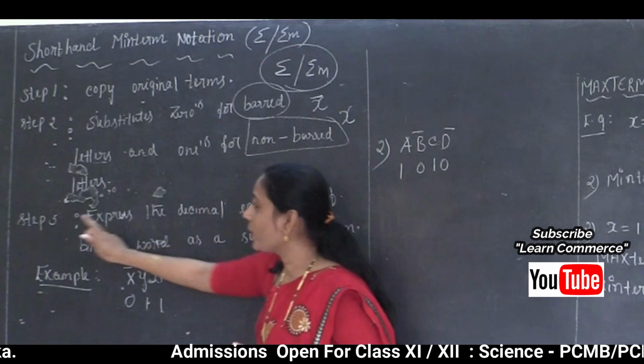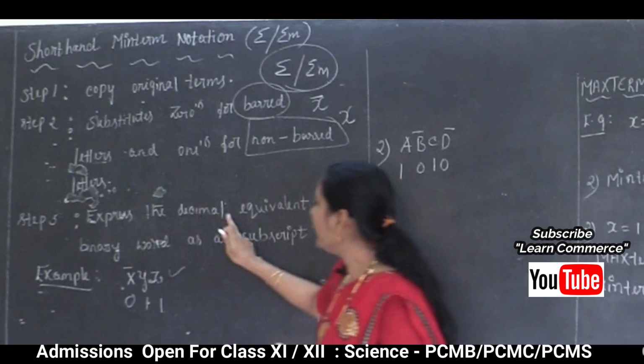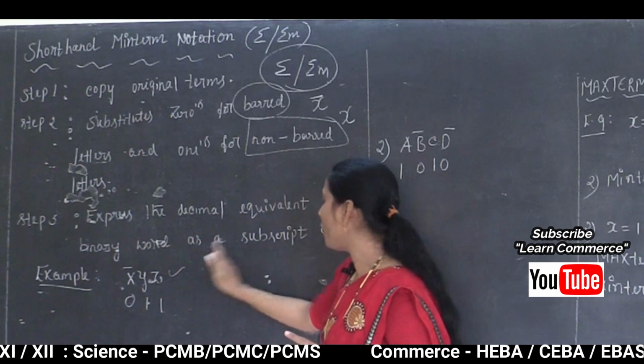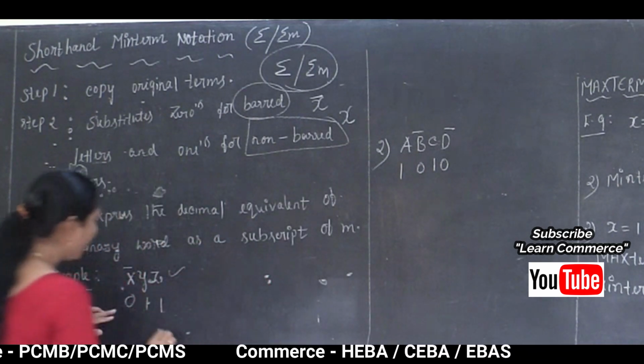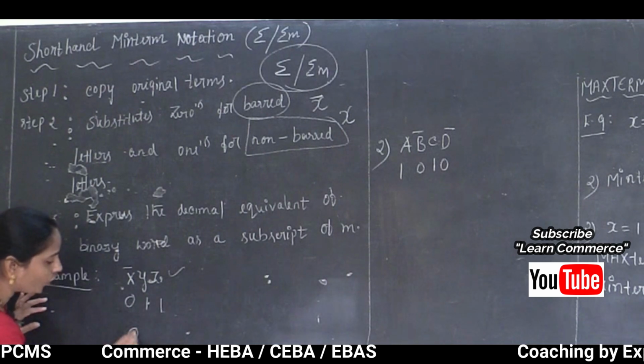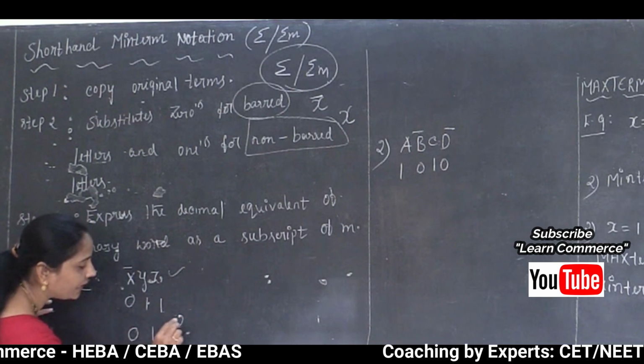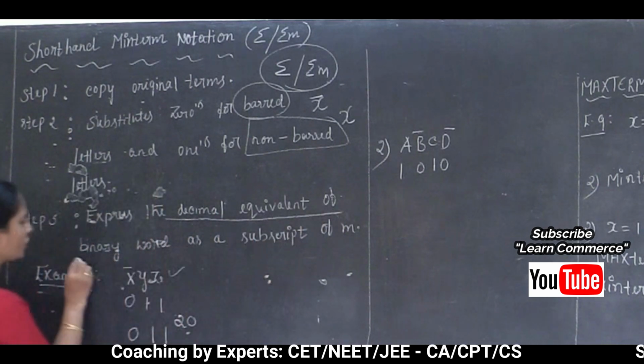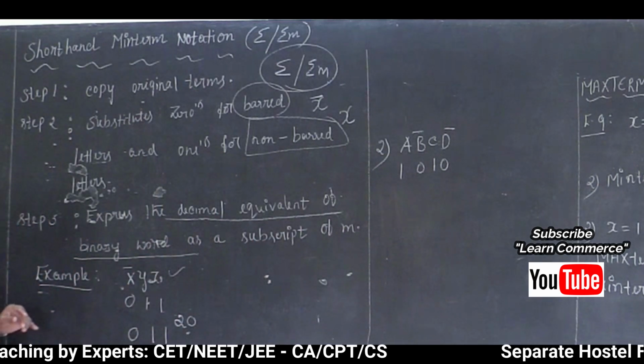Now the next one, step 3, express the decimal equivalent of the binary word as a subscript of m. Now I am going to solve this question. So 0, 1, 1 is the binary word, and we need its decimal equivalent as a subscript of m.